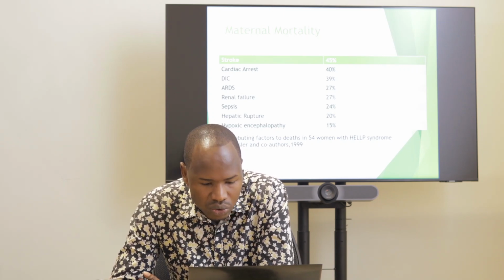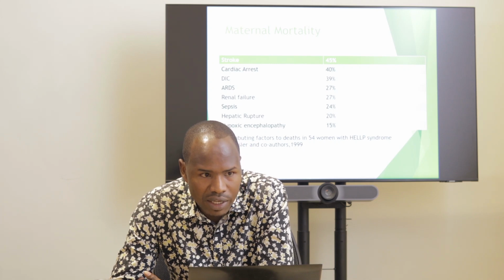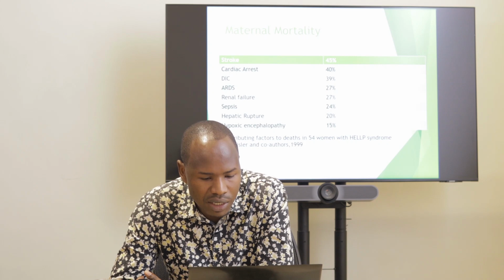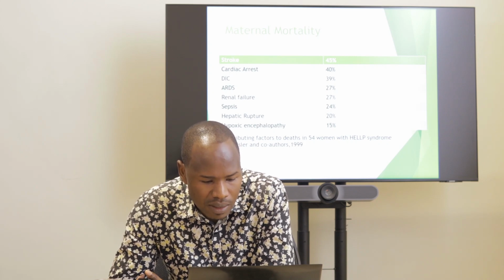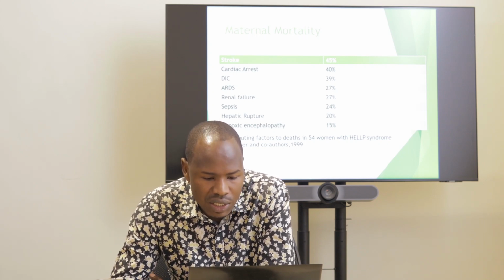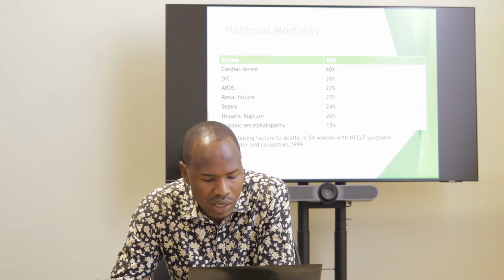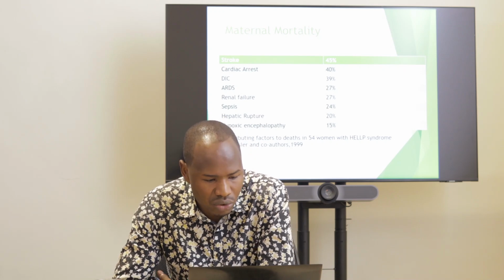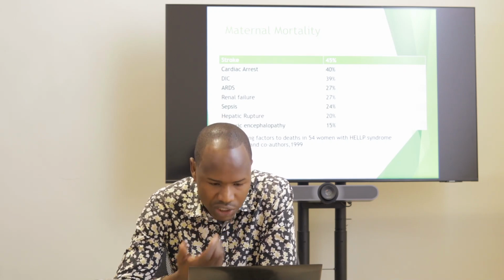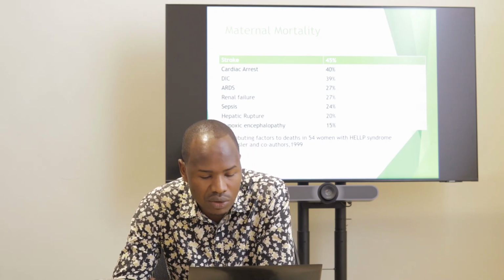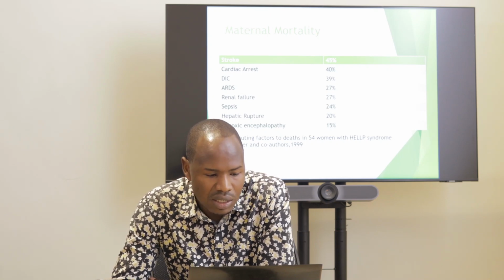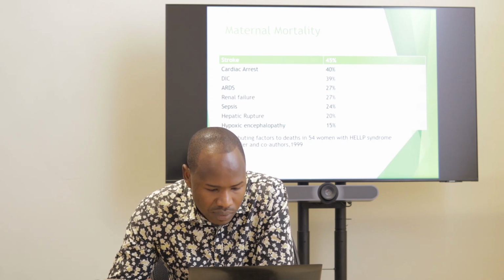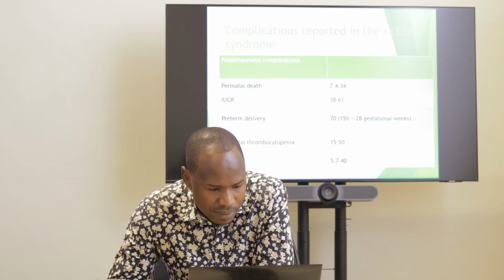We have to tackle this by preventing it from happening, by giving magnesium sulfate to control seizures and hypertensives to control high blood pressure, so that our client cannot suffer from this stroke, which as a complication cannot be reversed, and also cardiac arrest, which can take the life of our clients.